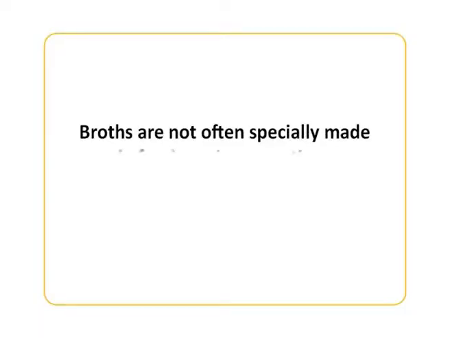Nevertheless, broths are not often specially made in food service operations. The cost of the meat makes them expensive unless the meat can be used for another purpose or unless the restaurant has a good supply of meat trimmings that might otherwise be wasted.